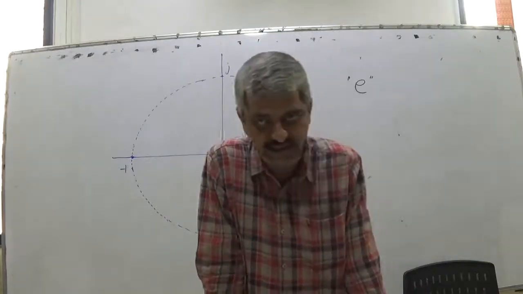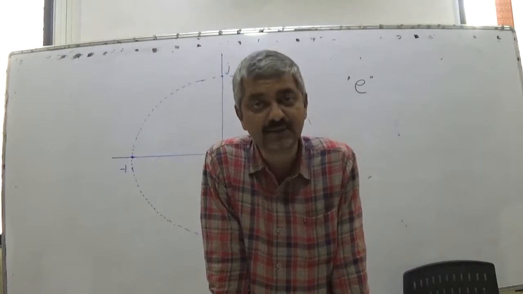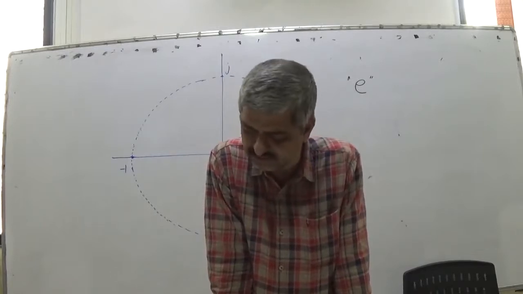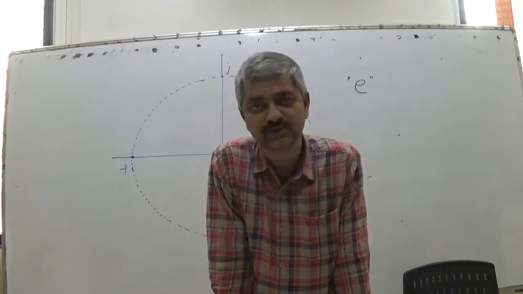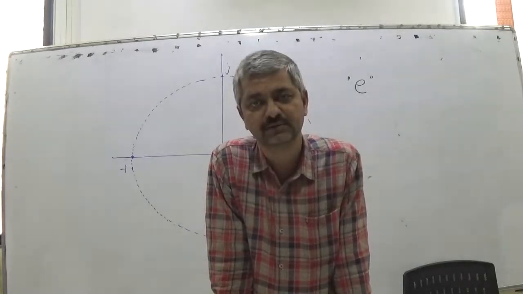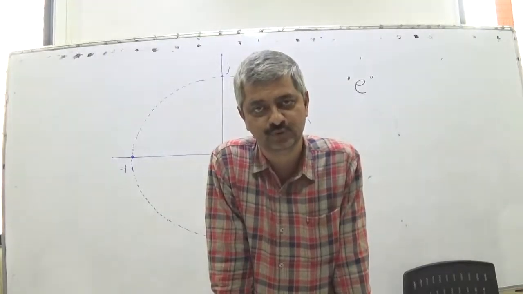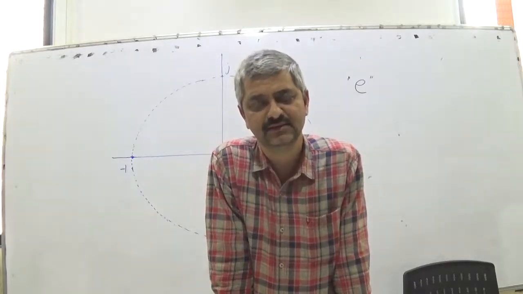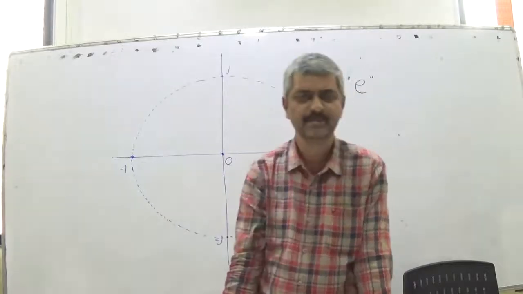How is the number e arrived at? E is the limit of something. A very simple example is given. Suppose you put some amount in the bank, and let us say it's hypothetical only.